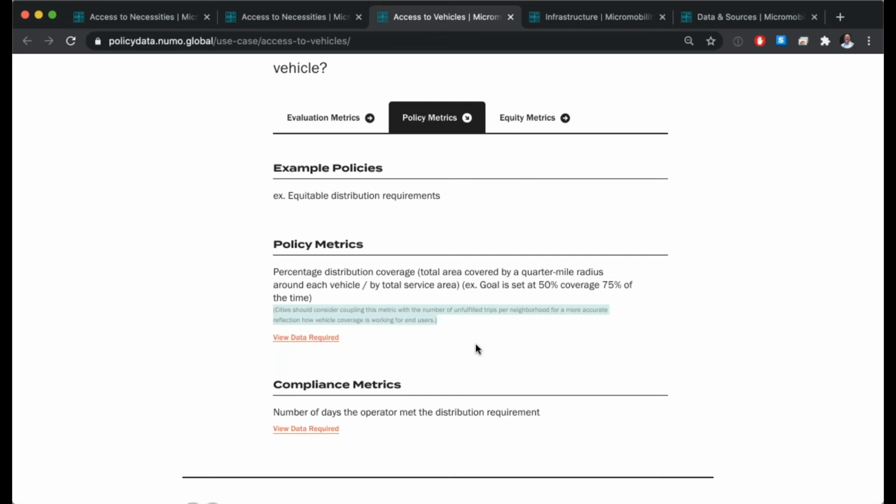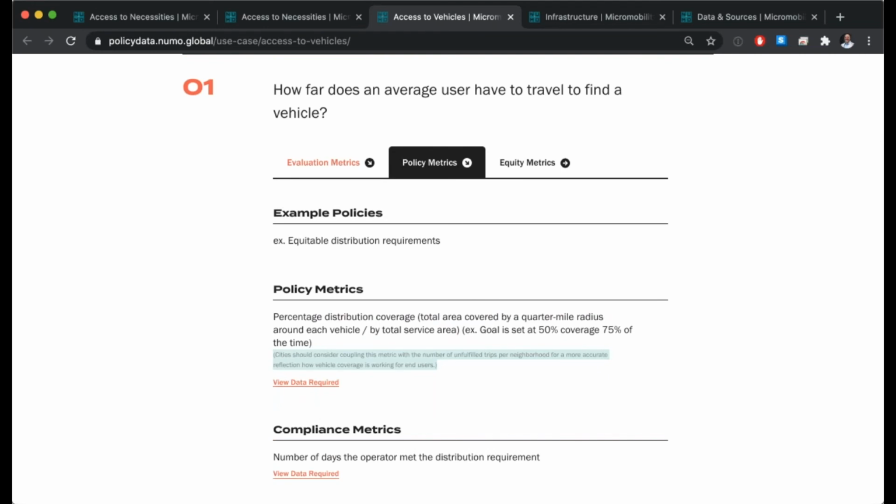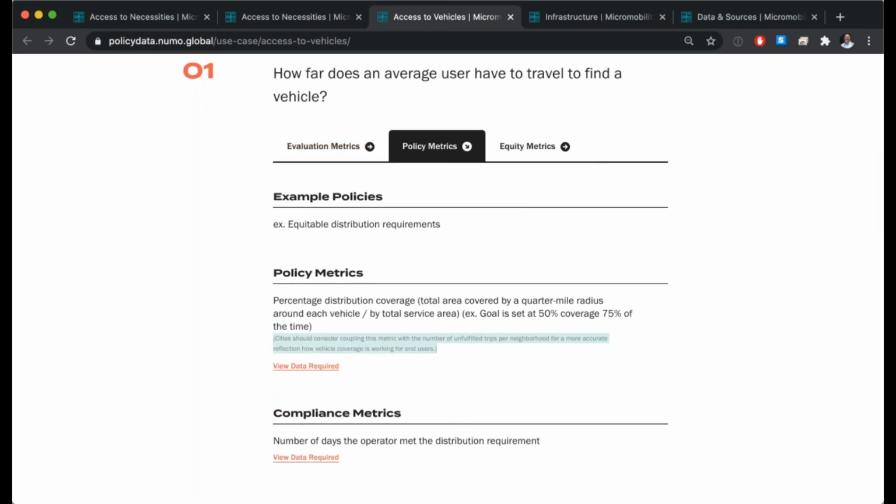So where there is a notation to combine it, or a qualification to the metric or the data that's being used, we've done our best to notate that here. When a question has an evaluation metric, a policy metric, and an equity metric, you'll see that reflected in a number of different tabs. The tabs will populate automatically if there is one.